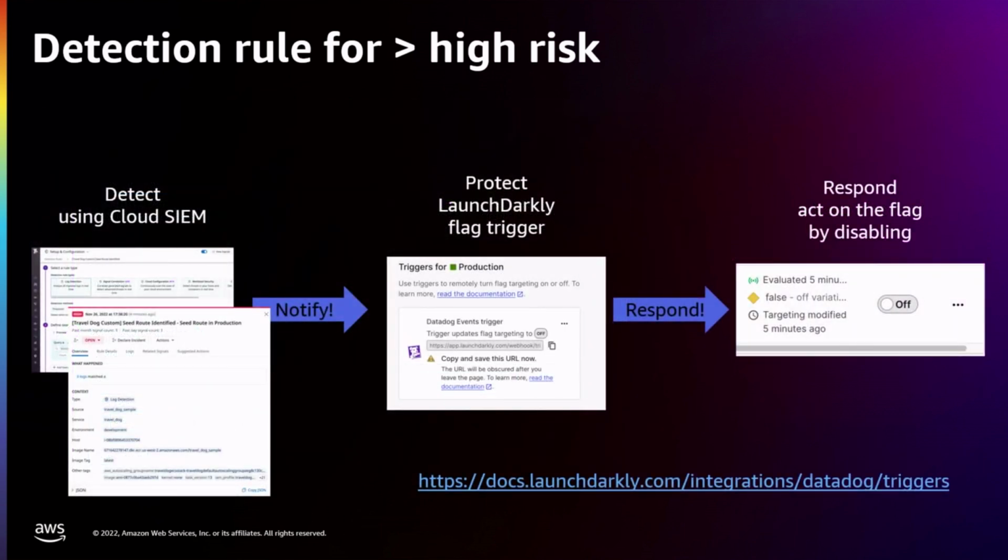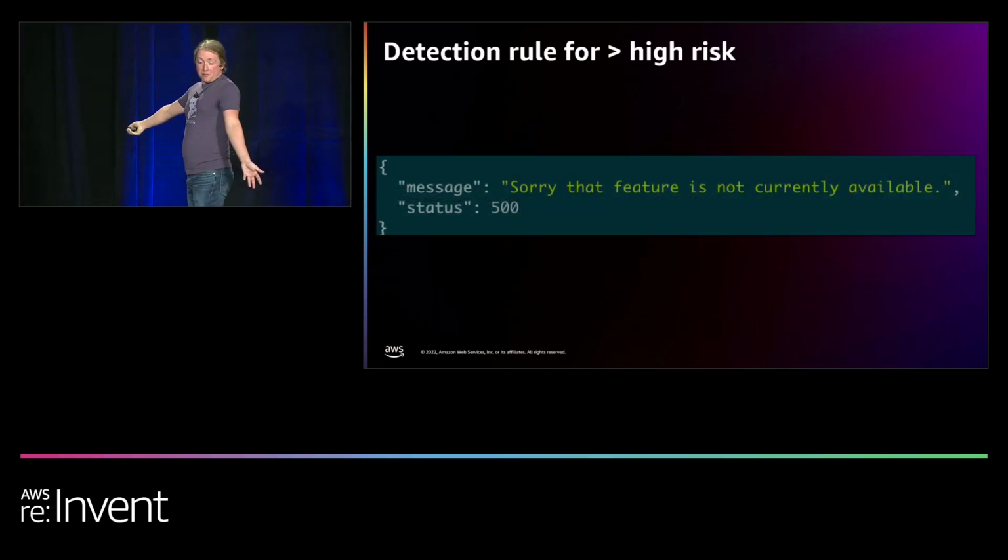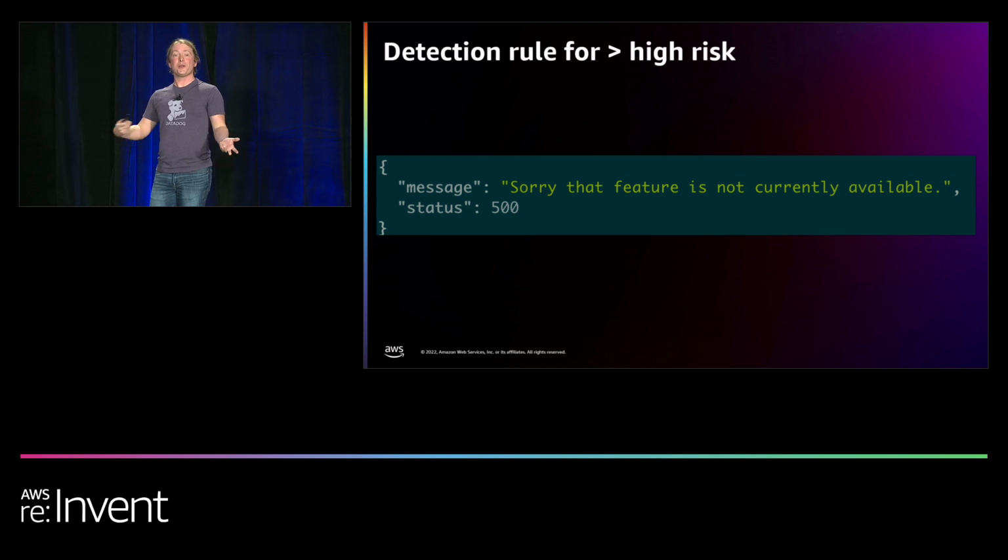And then we can use that detection to ask a platform like LaunchDarkly, using a webhook, to just go and disable that feature in production should it ever make it there. That's pretty cool. So then, instead of getting data leaks, the attacker just sees that the feature is flagged off.